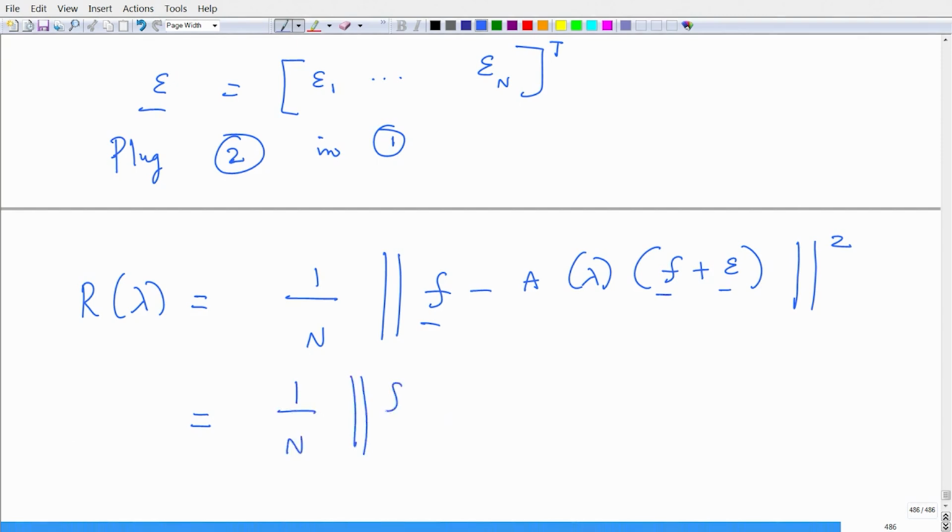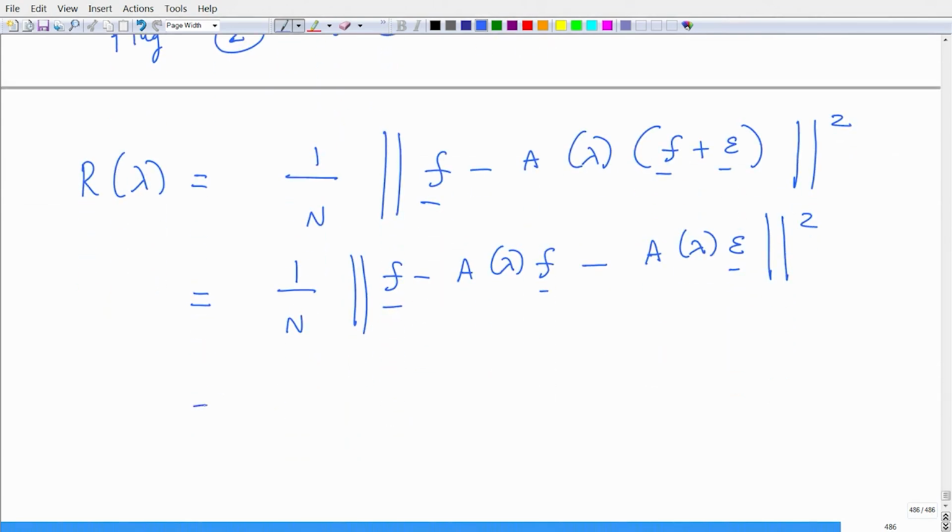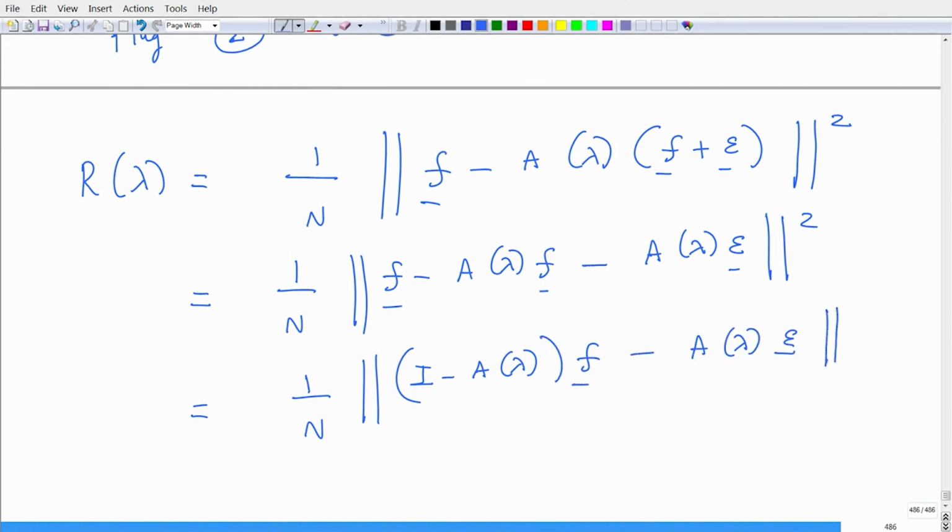So this is going to be F minus A of lambda times F minus A of lambda times epsilon, this norm square, okay, and I can write it in this form: 1 upon n norm of I minus A of lambda times F minus A of lambda times epsilon, okay.